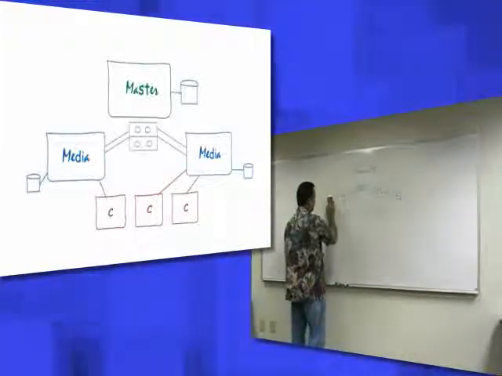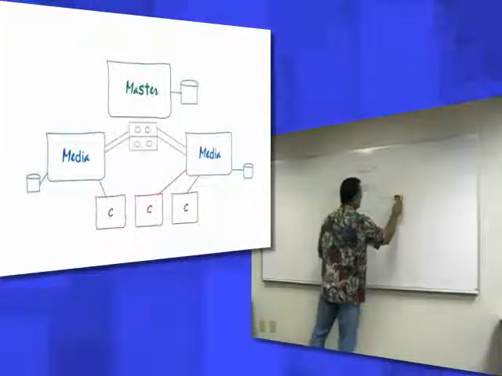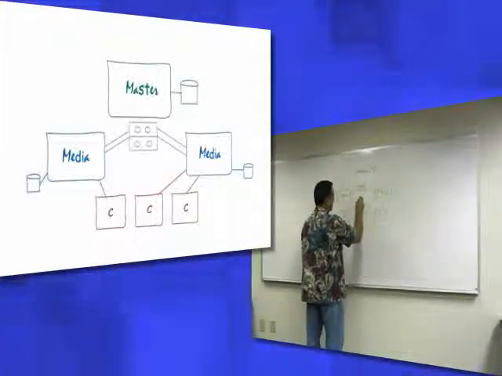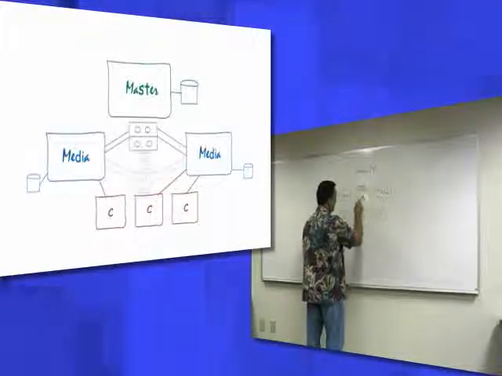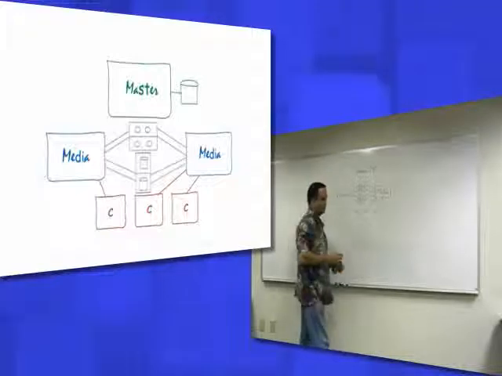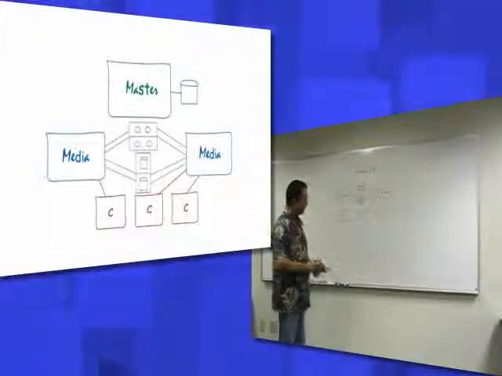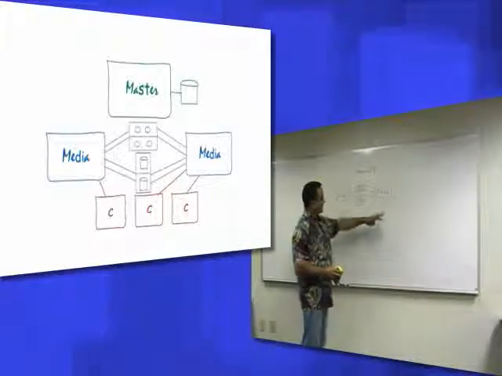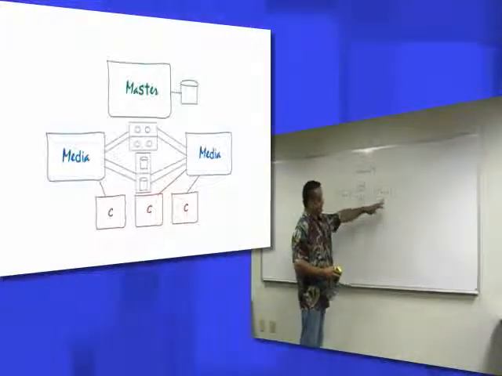Recently, we've also started being able to do this for our disk resources. So we might have a couple of disk resources like this, and they're also visible through the SAN to all of the media servers. But the policy definition layer still tied the client to a specific media server.